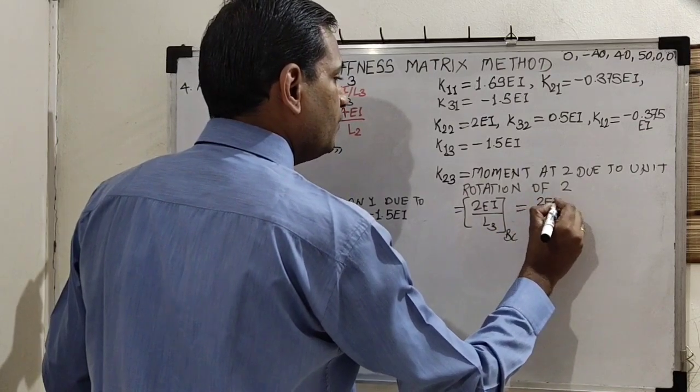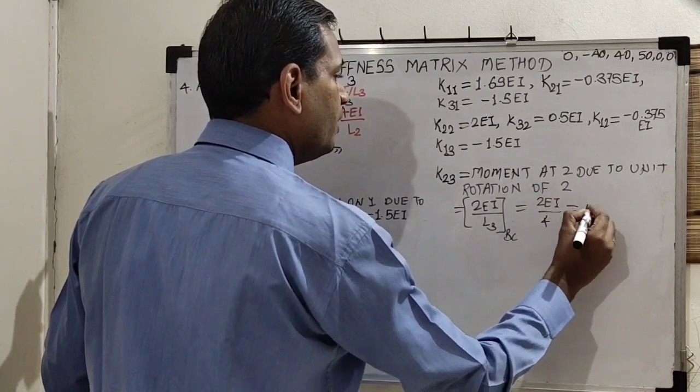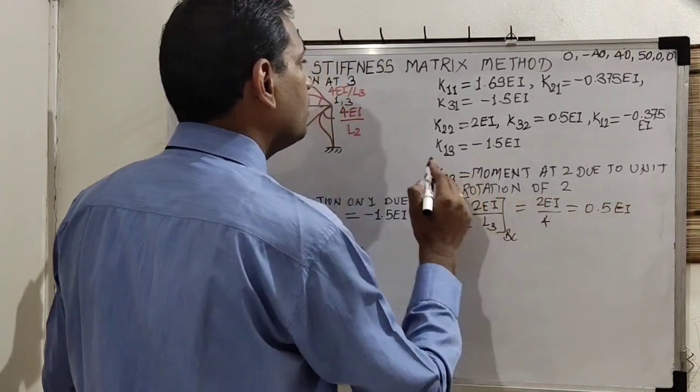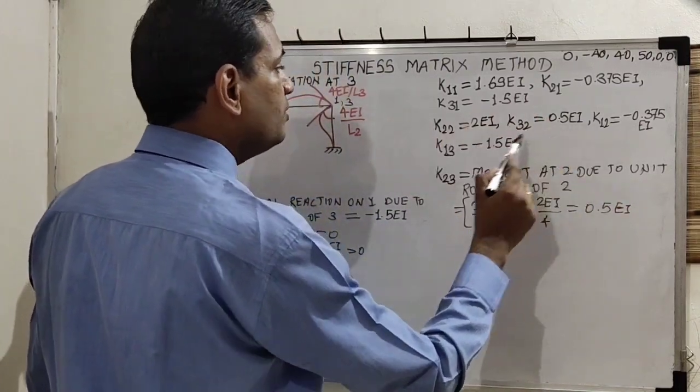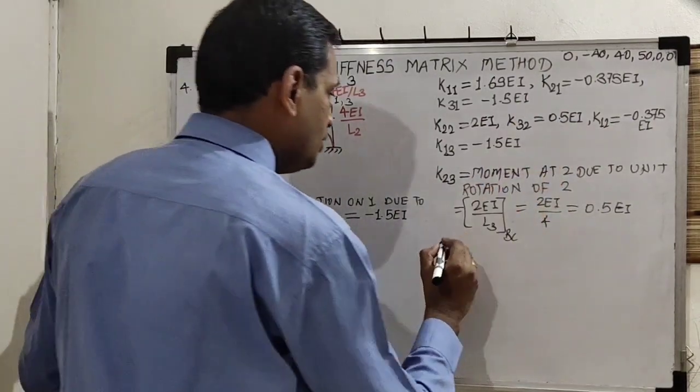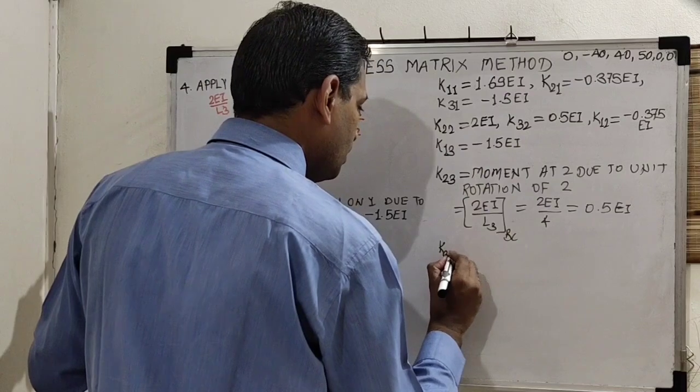So 2EI by 4, which is 0.5 EI. Is it matching with K32? K32, where is it? It is here, yes. Matching.